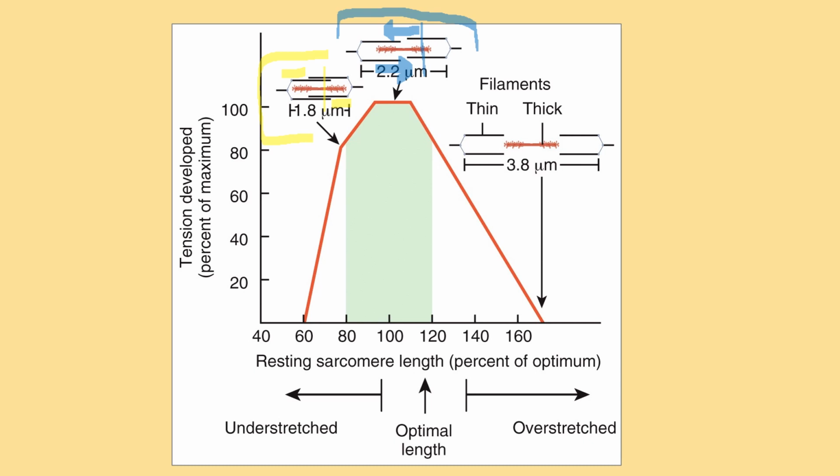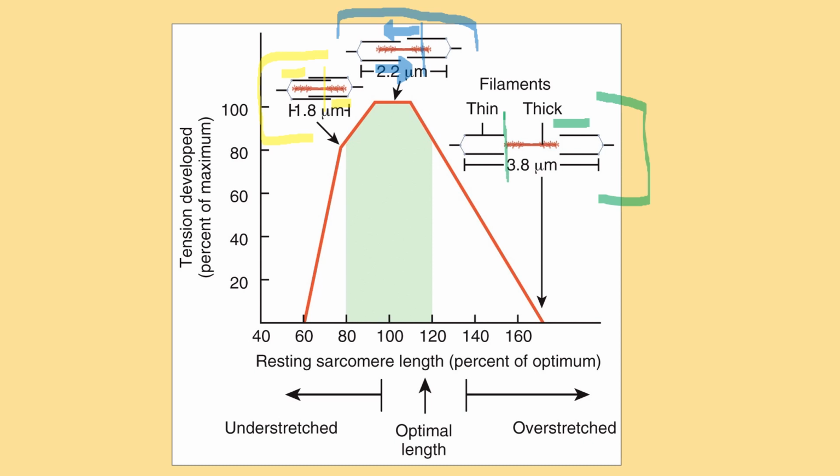Let me change colors again, and let's think about what happens in this overstretched sarcomere. This muscle is already being stretched, the sarcomere is longer than optimal, and then the muscle action potential occurs and the contraction cycle begins. How come we're not able to achieve 100% of maximum? Well, there's lots of room to move laterally, right? There's plenty of opportunity for the sarcomere to shorten, but look at the spatial relationship between thick and thin filaments.